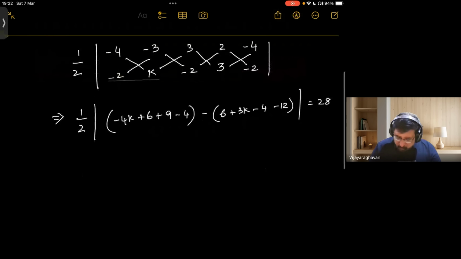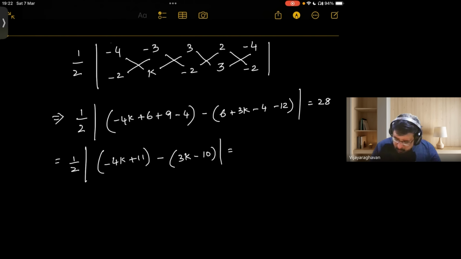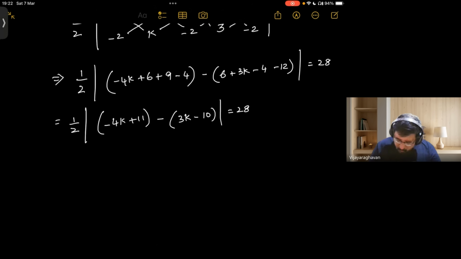So we have half of minus 4k plus 11 minus of 3k minus 10 equals 28. So we have further half of 4k minus 4k plus 11 minus 3k plus 10 equals 28, all within modulus.